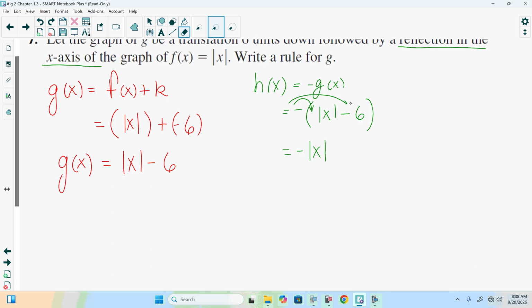Our negative times negative 6 is going to make it plus 6. So our final equation, what it was asking for, is negative absolute value of x plus 6. And no matter how many transformations we have, take them one at a time, and you will get to the answer. And that's it.